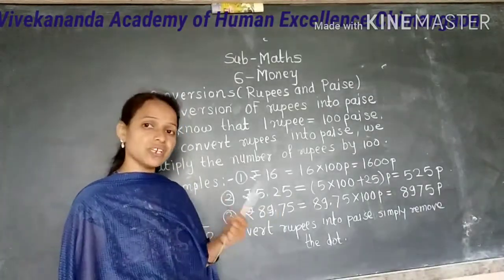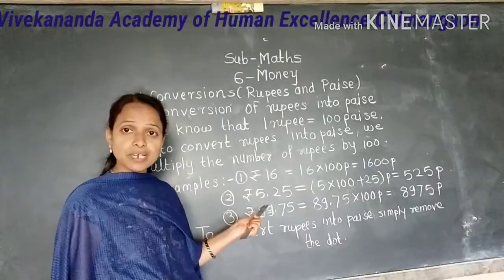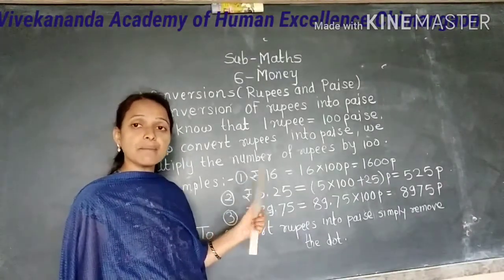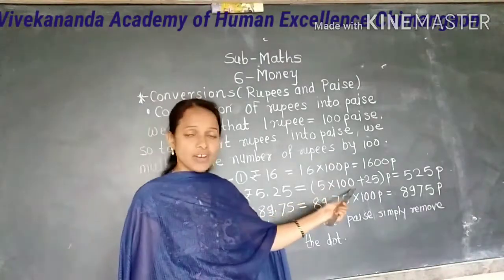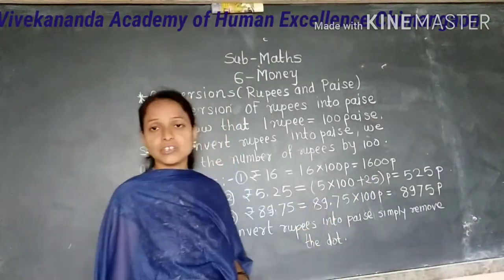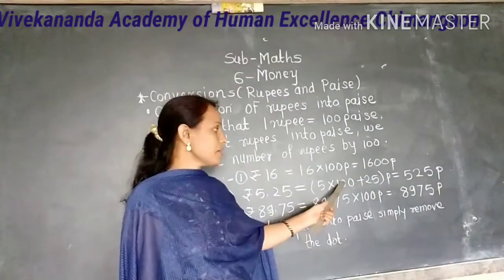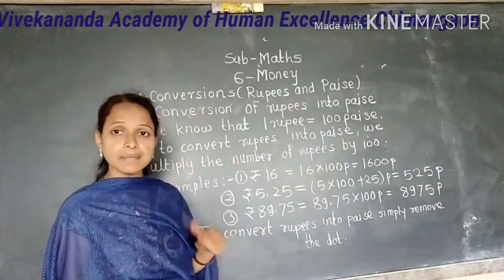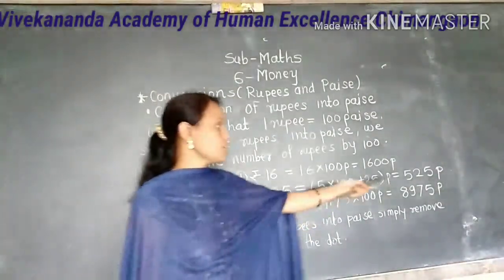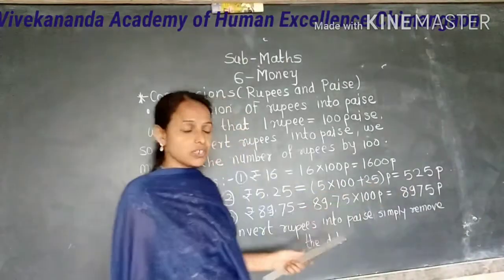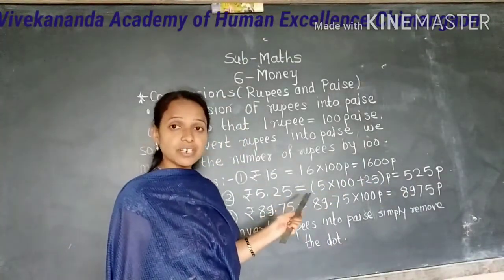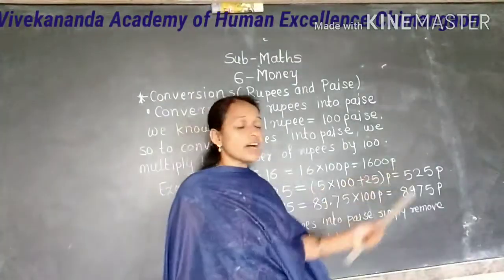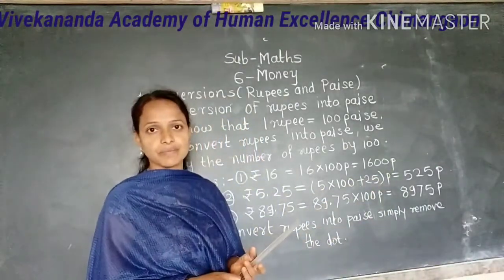We have to convert only rupees, which means we multiply only 5 by 100 and add 25. 5 multiplied by 100 is 500, and plus 25 is 525. So 5 rupees 25 paise converted into paise is 525 paise.